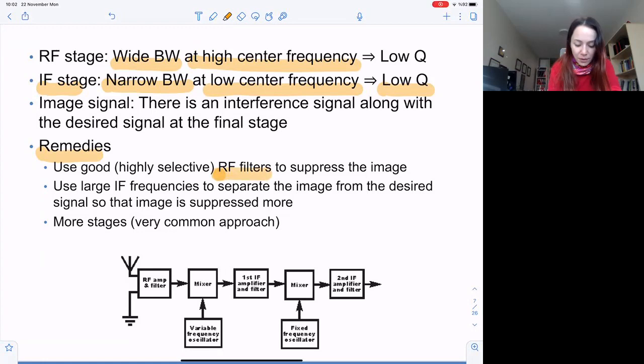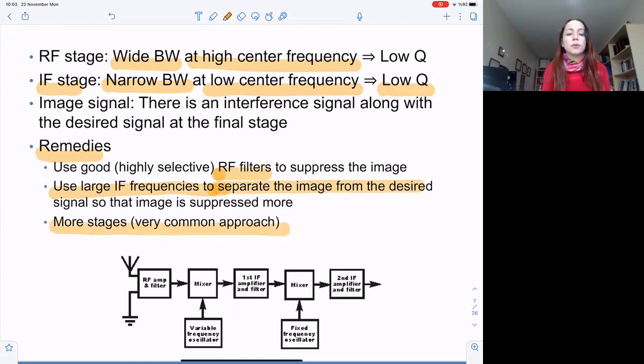The other remedy, used traditionally, is to use either a large IF frequency so that the image is going to be far away from the desired signal, and that will be within the attenuating region of the RF filter, or use more stages.